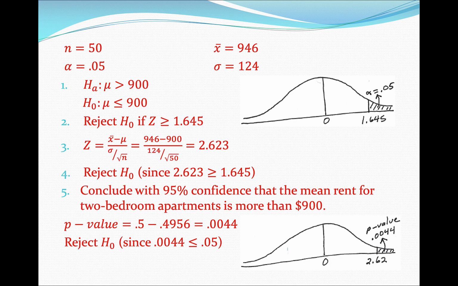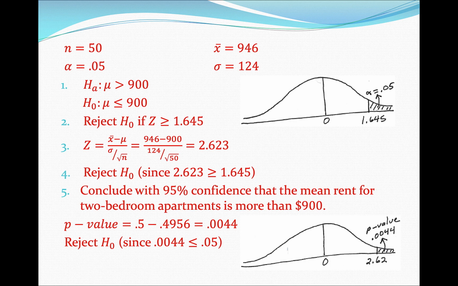If you compare these two pictures, you can see how this works. It's really just a question of what you're comparing. In the approach that we will commonly use in class when we do these by hand, we're comparing the z-values, the values given along the axis, where 2.62 is bigger than 1.645. In the p-value approach, we're essentially just comparing the areas. But we're doing the same thing.